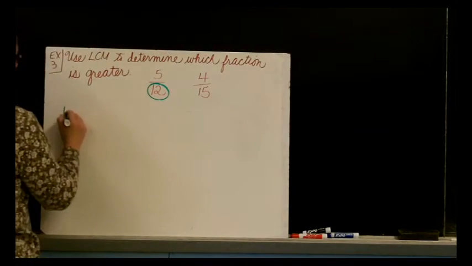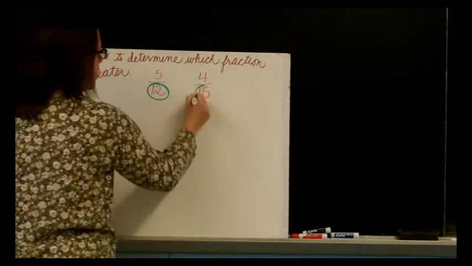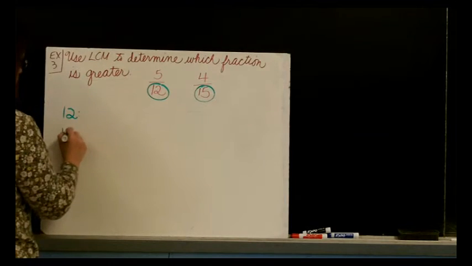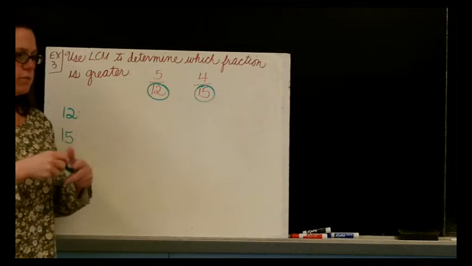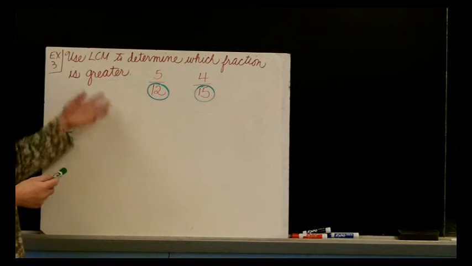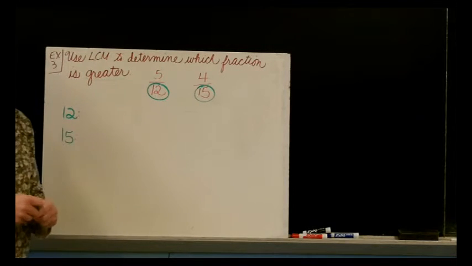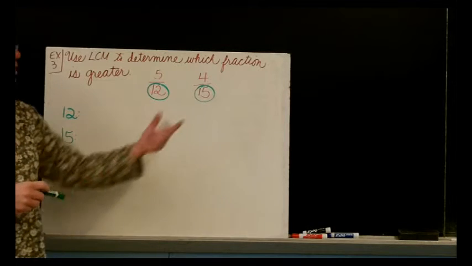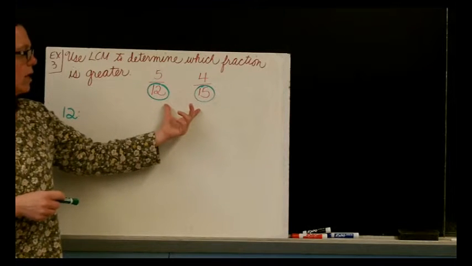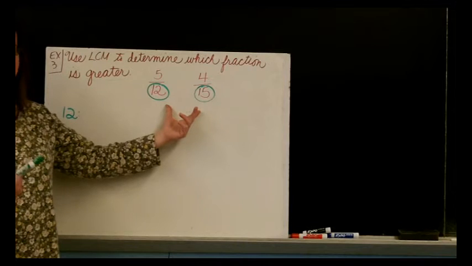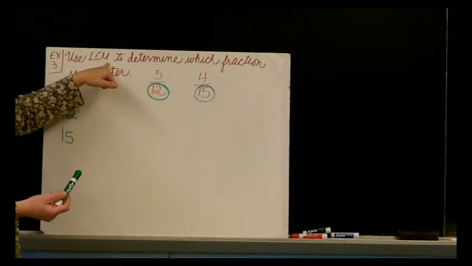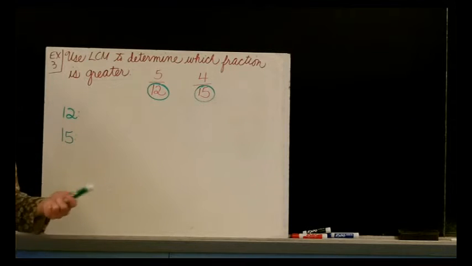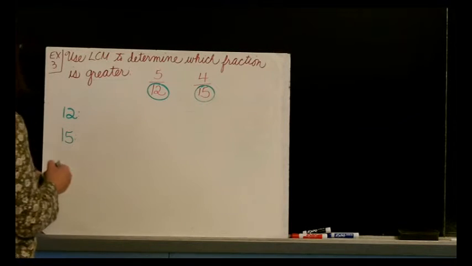Our first denominator is 12, and our second is 15. Because if you remember from our vocabulary terms, you use the least common multiple to get a common denominator. You can't compare fractions like this unless you have a common denominator. So, as I said before, least common multiple, lowest common denominator, they're synonymous terms.